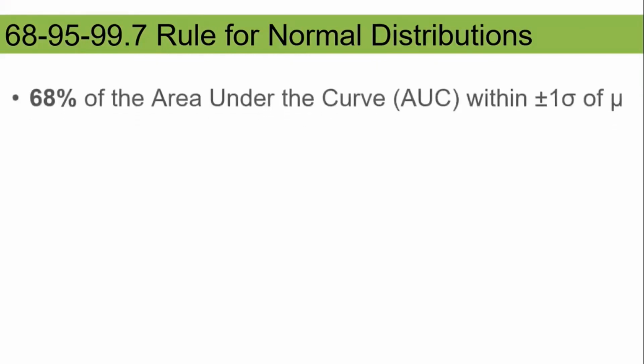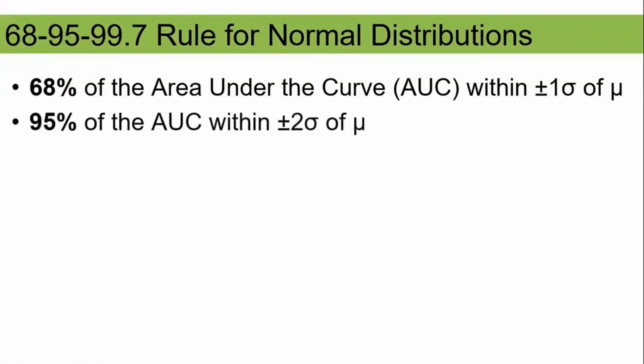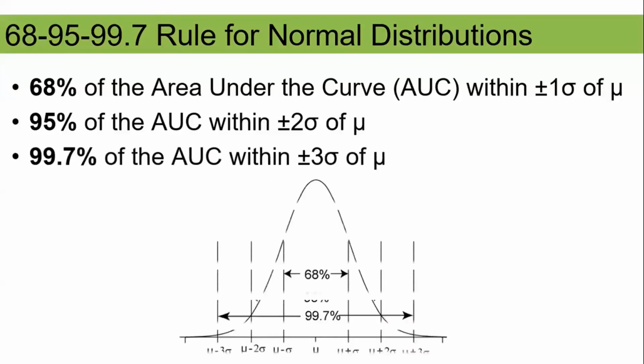For normal distributions, 68% of the area under the curve, if we say AUC, that means area under the curve, is within plus minus 1 standard deviation of your mu or population mean. 95% of the area under the curve is within plus minus 2 standard deviations. And 99.7% of the area under the curve is within 3 standard deviations.